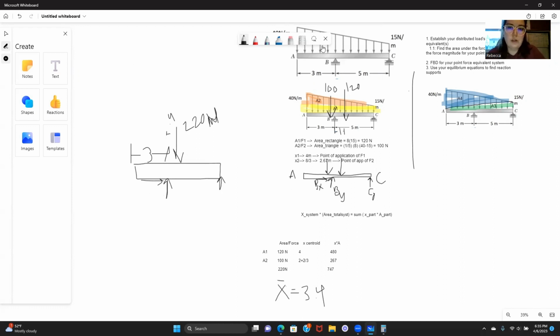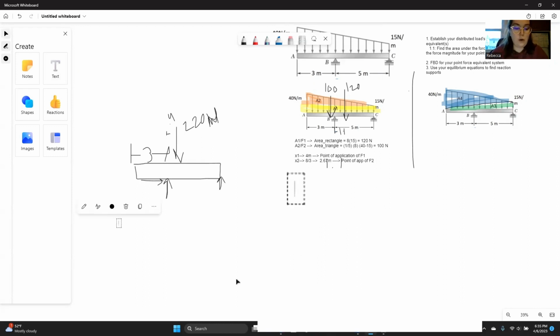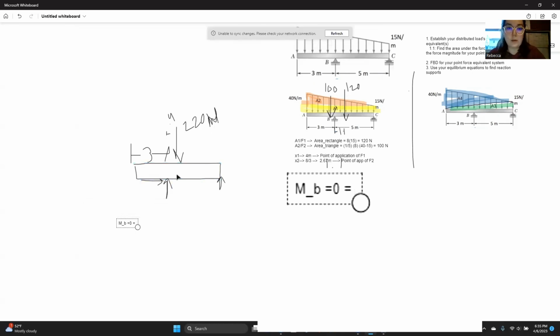So now if we wanted to do our summation of moments about point B is where I'm going to start. It's going to be equal to 0 because we're in equilibrium. Bx and By, if we're analyzing point B, their moment impact is going to be 0 because there is no perpendicular distance. Moment equals force times perpendicular distance.